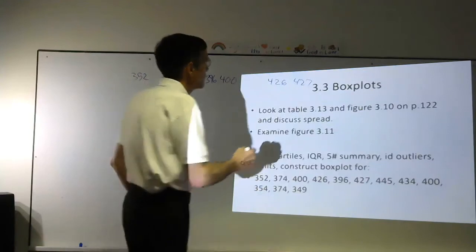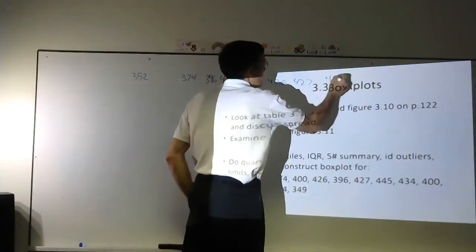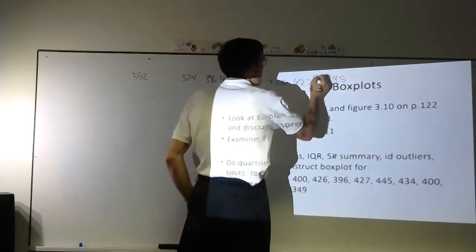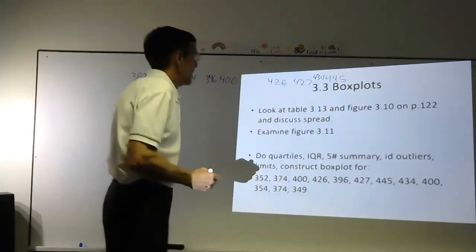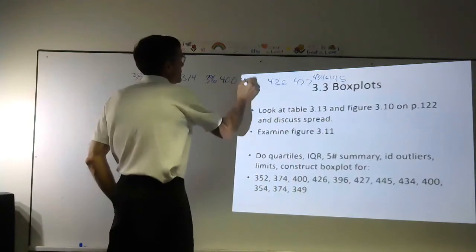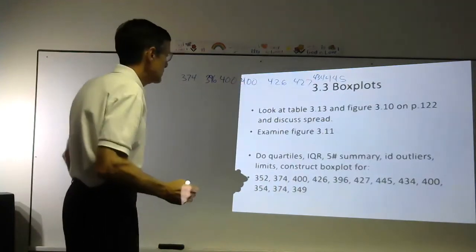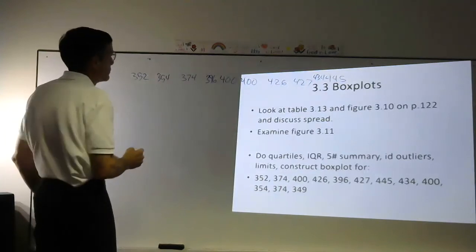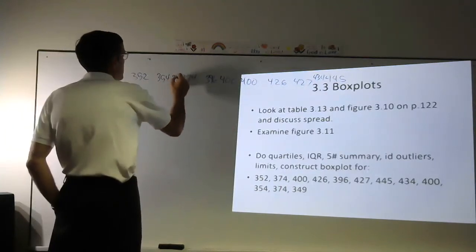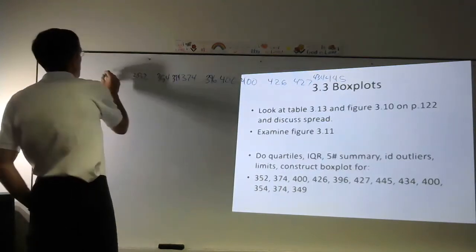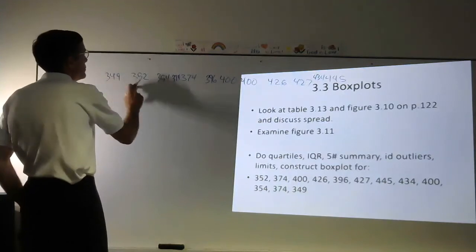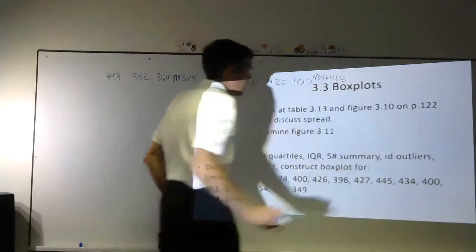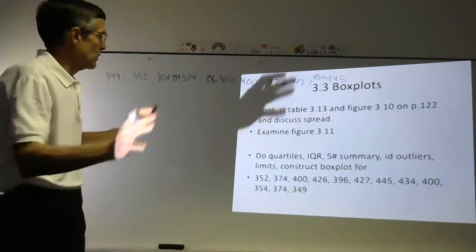Okay, 445, way over there. 434 is here. 400 again. Another 400. 354. 374 again. And 349. 1, 2, 3, 4, 5, 6, 7, 8, 9, 10, 11, 12. Okay, got them all.